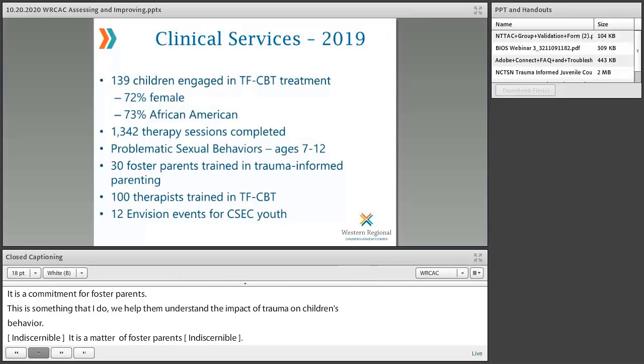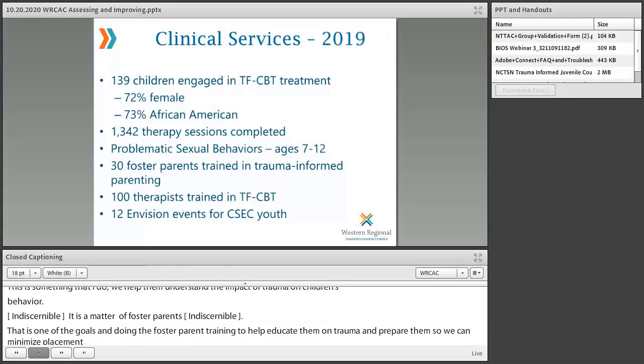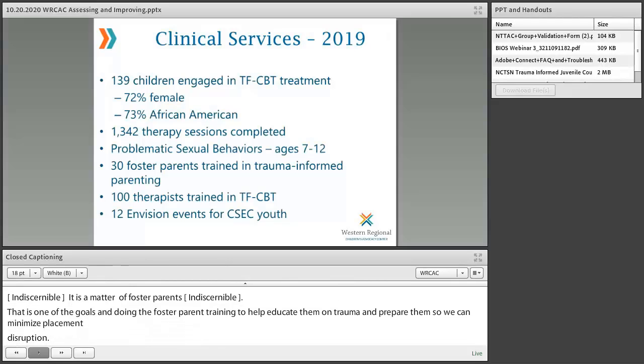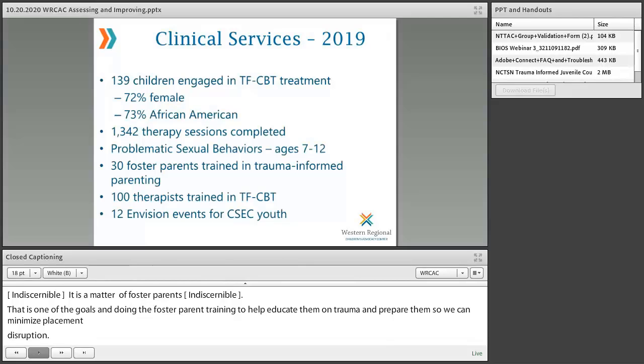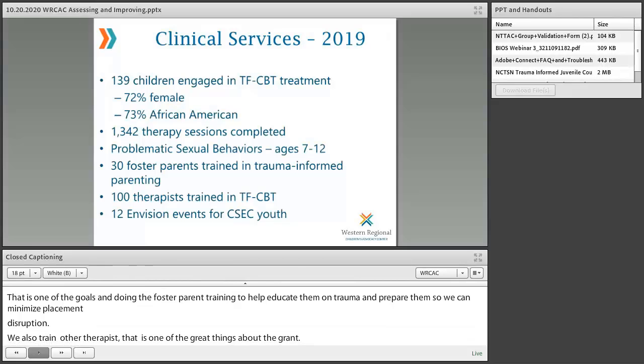traumatic for kids. We also train other therapists in trauma-focused cognitive behavioral therapy. That's one of the great things about our grant that allows us to train therapists across the state of Georgia. As I mentioned, we have 5 therapists on site. So you can only reach so many kids in an evidence-based model with 5 therapists.